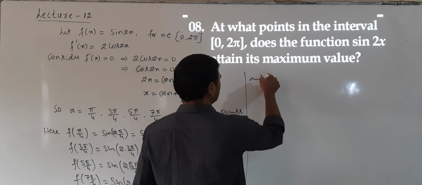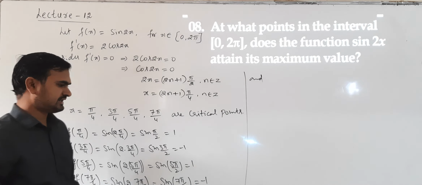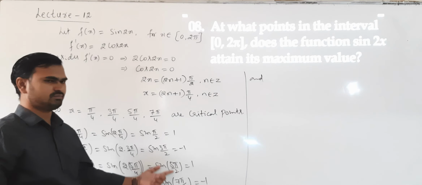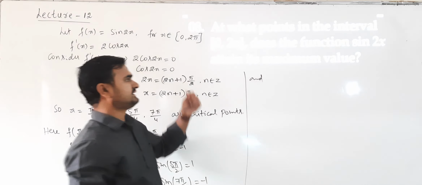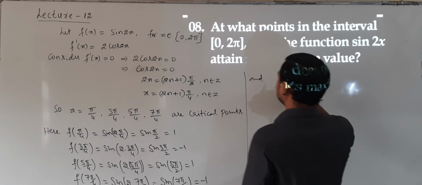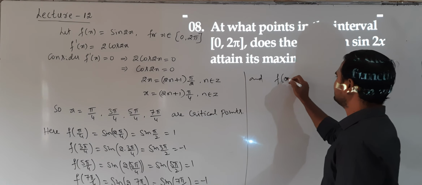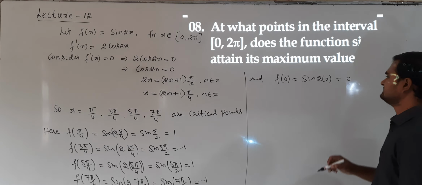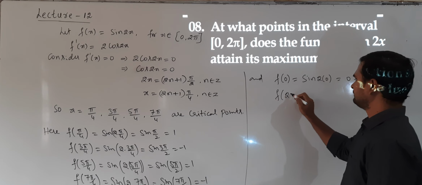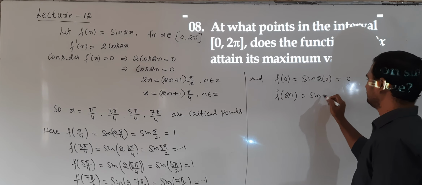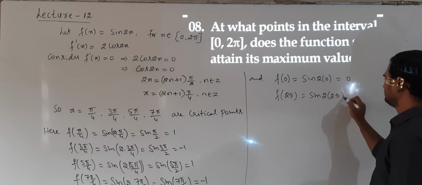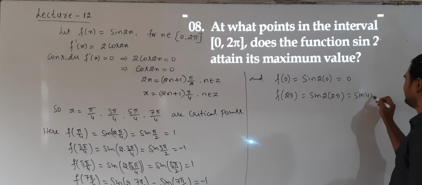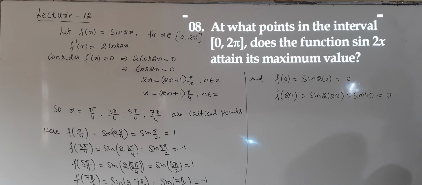After finding function values at the critical points, we need function values at the end points also, f of 0 and f of 2 pi. f of 0 is sin 2 into 0, which is 0. f of 2 pi is sin 2 into 2 pi, sin 4 pi, which is also 0.